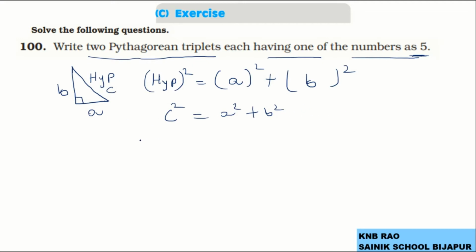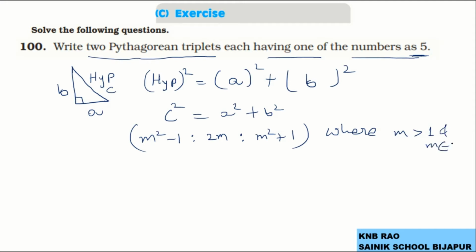And we learned that m square minus 1, 2m and m square plus 1 gives a Pythagorean triplet. So keeping these numbers in view, where m should be more than 1 and m is a natural number, having this condition, we can generate.